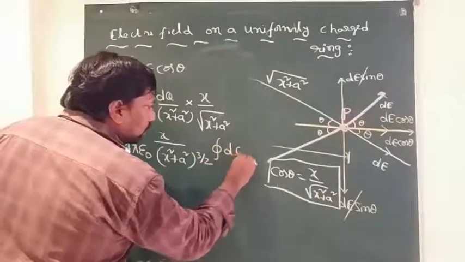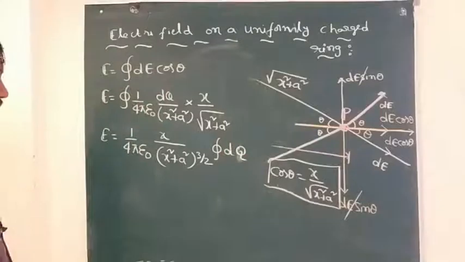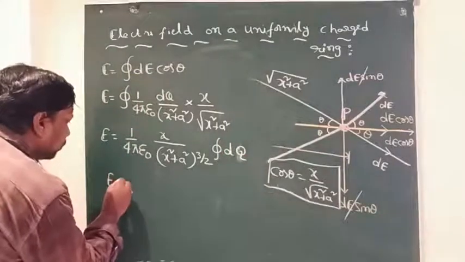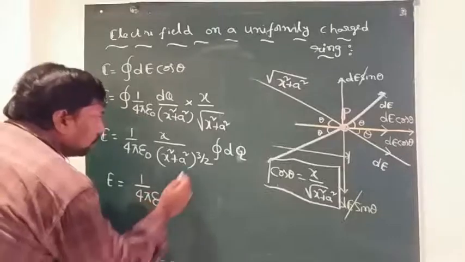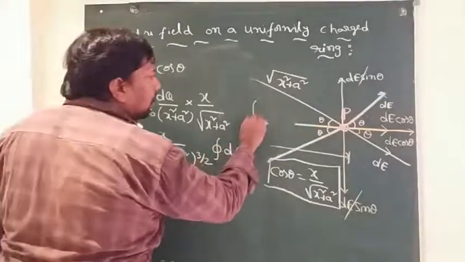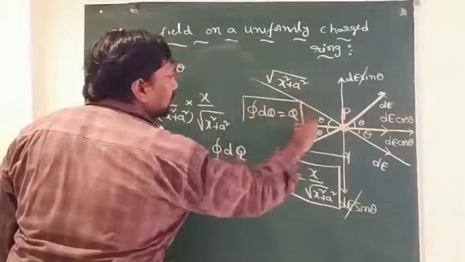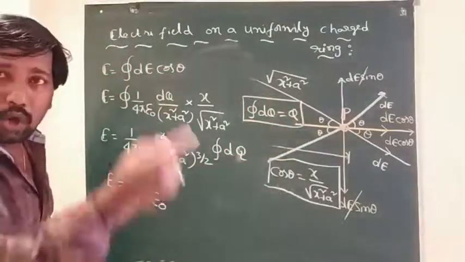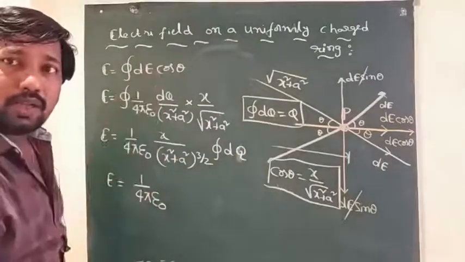Into the surface integral of dq. Here the surface integral of dq is equal to q, where q is the total charge arranged on the ring.